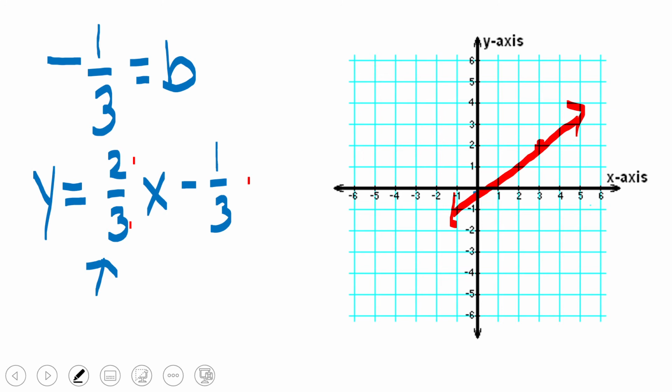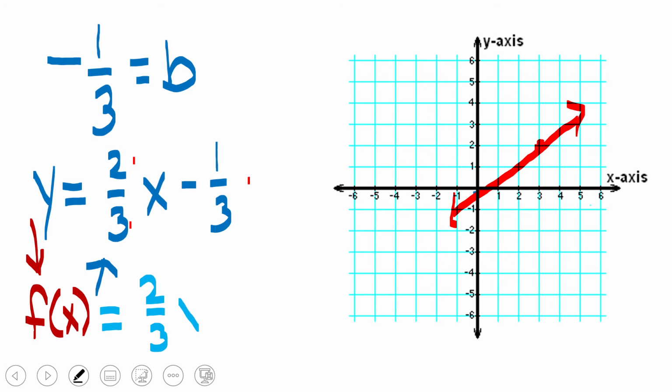All right, so when we rename y as a function of x on this problem, the function of x is y equals 2/3 x minus 1/3, to write it as a function.